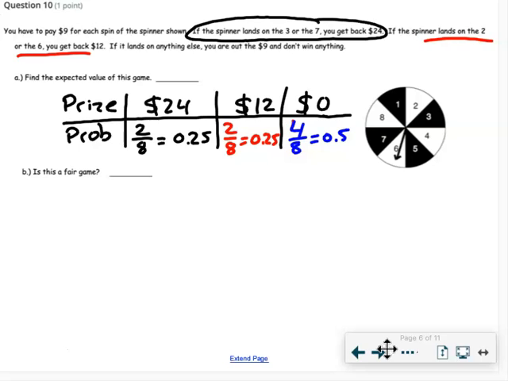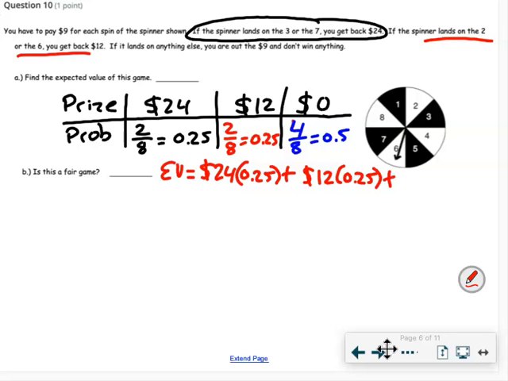All right? So to get the expected value, we need to multiply down and then add across. The expected value of this one is $24 times the probability that we get $24, plus $12 times the probability that we get $12, plus $0 times the probability that we get $0.